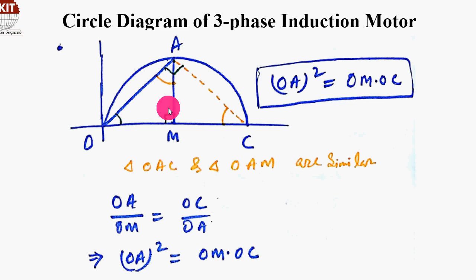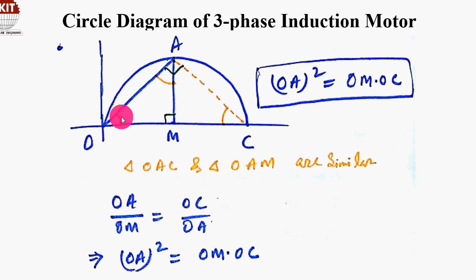You consider these triangles, triangle OAC, the bigger triangle, and this smaller triangle OAM. These two triangles are similar, and the similarity can be proved. For the bigger triangle, this angle is 90 degrees, and in the smaller triangle it is again 90 degrees.